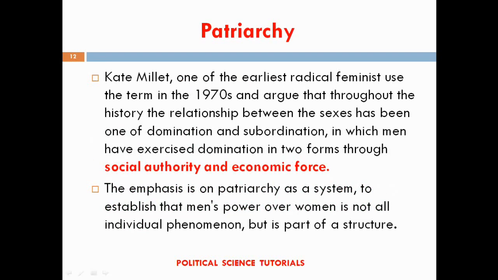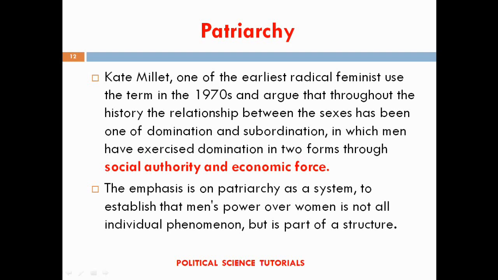Now let us try to understand what patriarchy is. We know that in any society, more or less, women are deprived of ownership of productive resources, and as they have no control over direct productive resources and no ownership of land or capital or anything, their only option is to be entirely dependent on men.